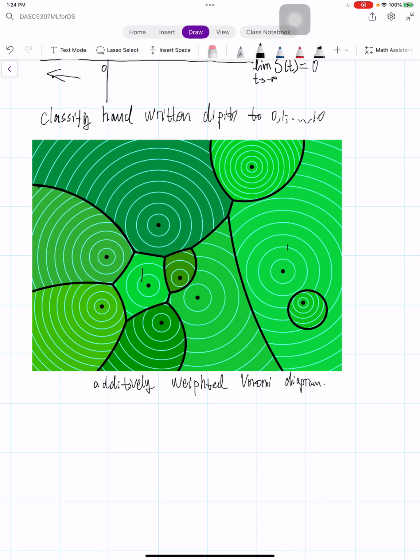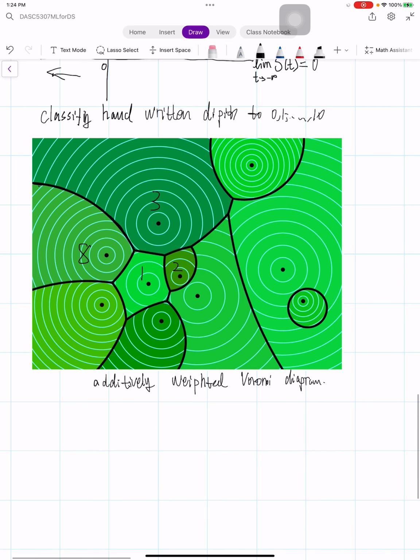In this region, we pick number 1. Oh no, sorry. Each class has a unique region, so 1, 2, 3, maybe this is 4, this is 7, this is 9, this is 0, something like that.